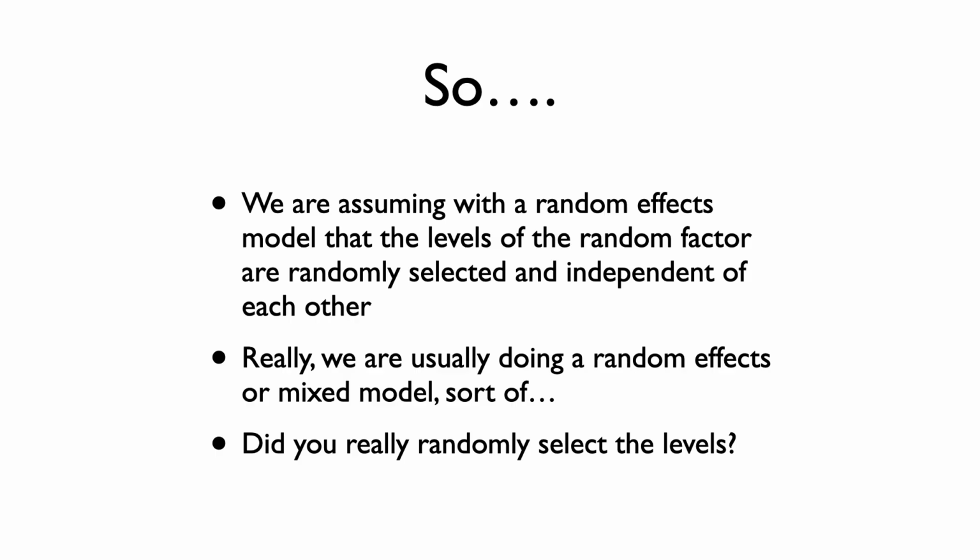Did you actually randomly select your levels? If you randomly selected your levels of your independent variable, then yes, you have a random effect, and you should be using a random effects model. If you didn't use random sampling or something like it, then it's a fixed effect and just treat it as such. So you'll find that we always treat things as fixed effects, except for one key variable that we will get to next week.